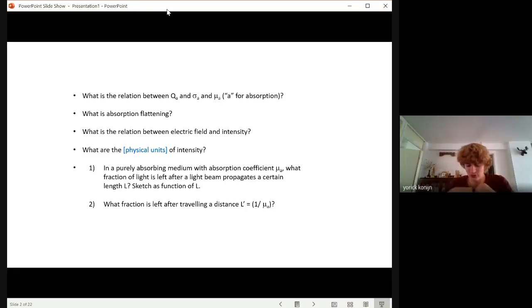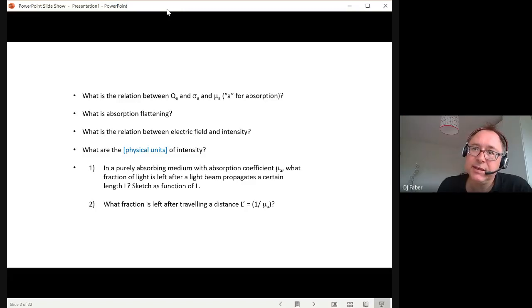Question: how would you actually compute the efficiency for tissue, since you have a lot of different particles in tissue? Yeah. So essentially it is just the sum of all the individual efficiencies of the different constituents in the right proportion, of course.